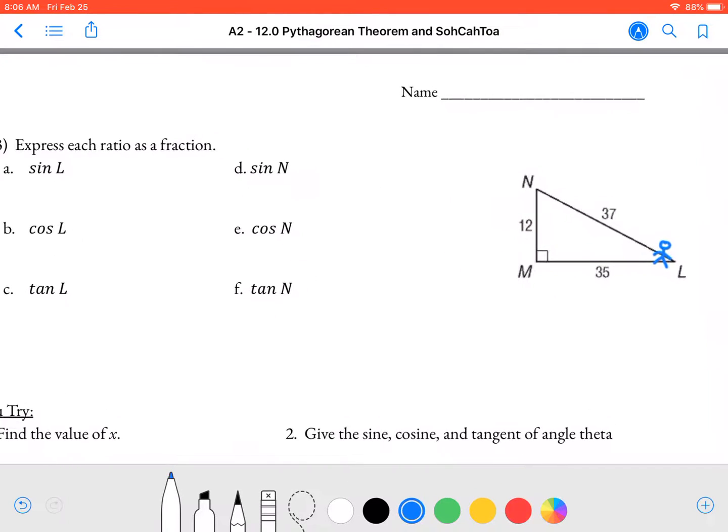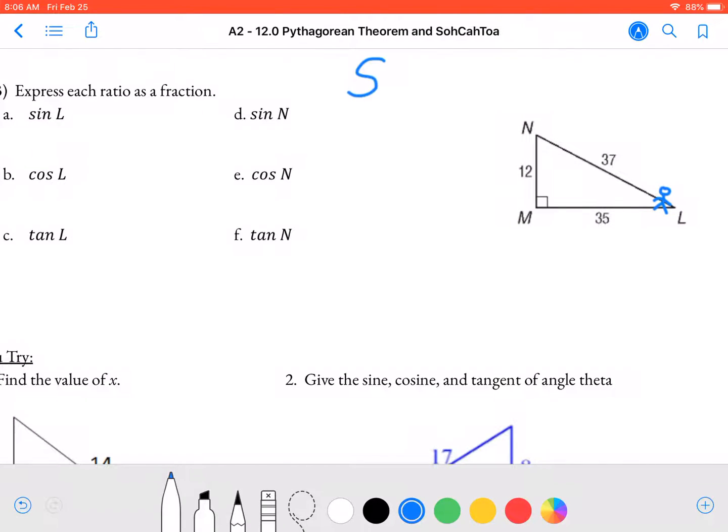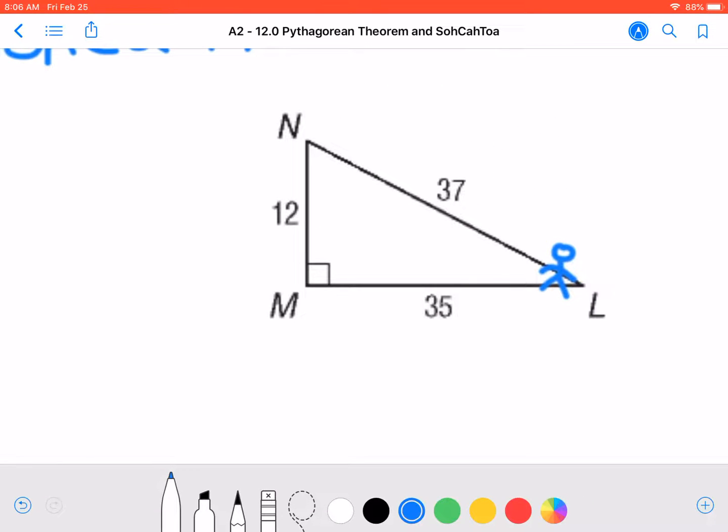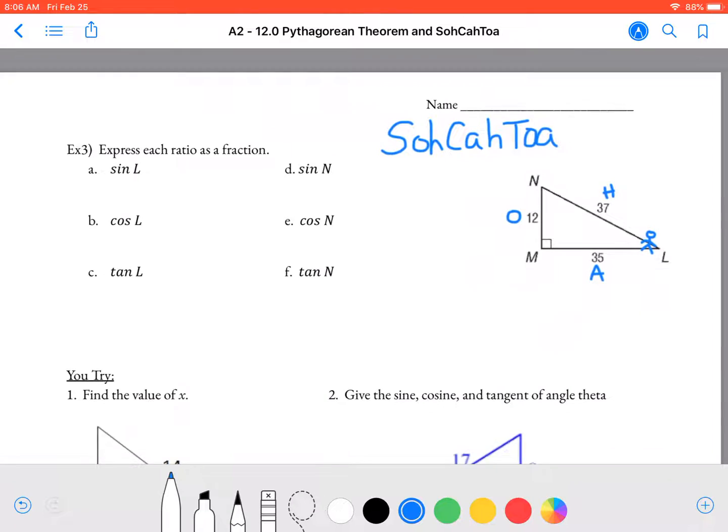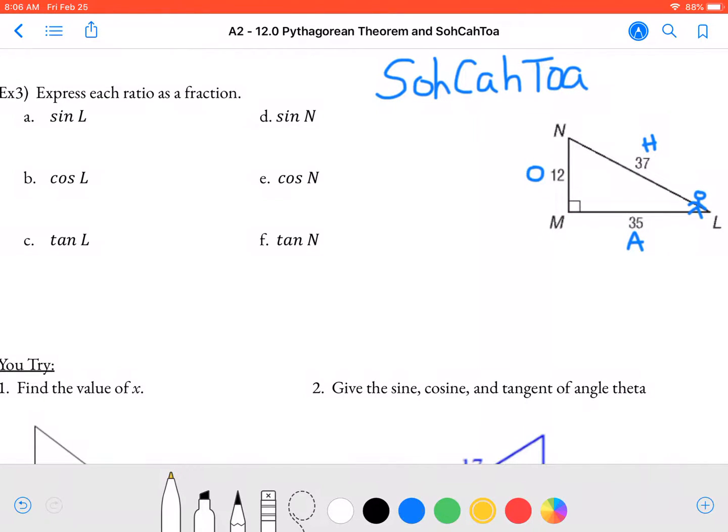So if I want to use sine, I'm going to rewrite this up here so we remember.